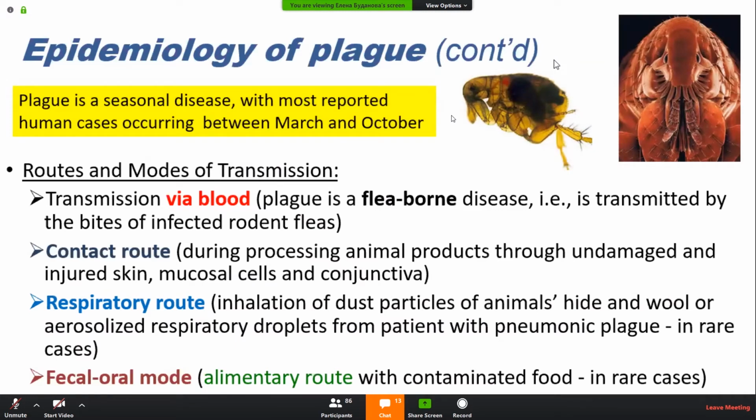So the typical mode of transmission is transmission via blood with arthropod vector. It is arthropod-borne disease. To be more specific, it is flea-borne disease. Rodent flea is an arthropod vector that can shed bacteria. It is very interesting mechanism of transmission of parasite to patient by rodent flea.